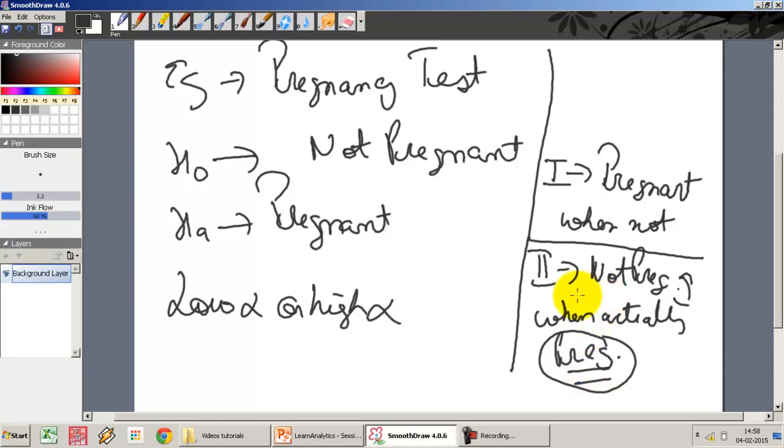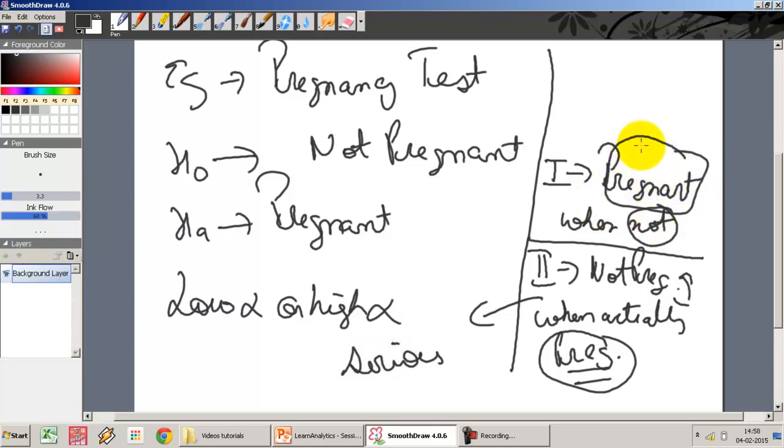But when the test comes out not pregnant, the person never knows about it until much later. So this kind of error can cause serious repercussions. But if I tell a person who is actually not pregnant that they are pregnant, what do they do? They always follow up with a doctor's appointment. A doctor will tell them, a mistake has been made, you're actually not pregnant. So no harm, no foul.